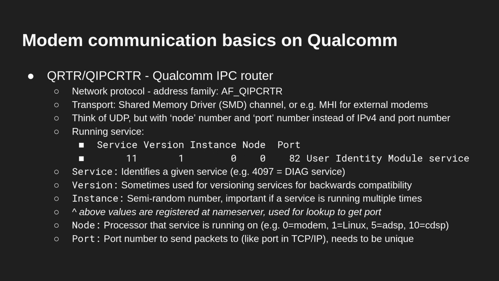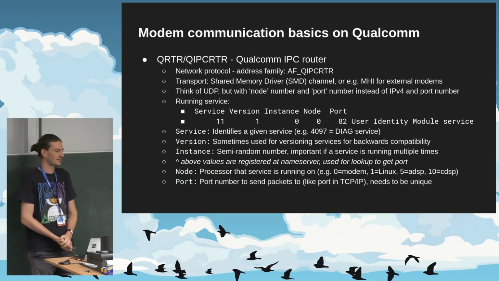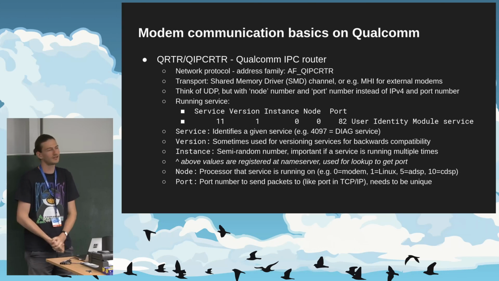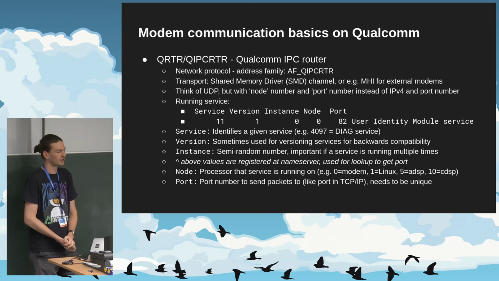Okay, so before talking about how the eSIM itself can be managed on Qualcomm, I want to explain a few of the basics for modem communication on Qualcomm, because it is quite a different way to do things compared to, let's say, desktop Linux.